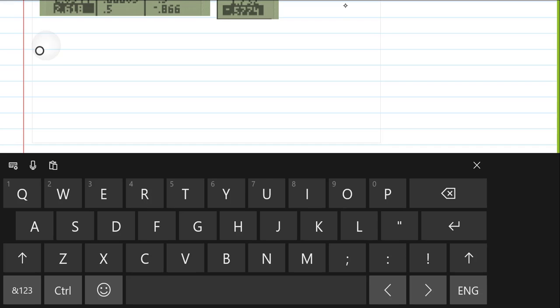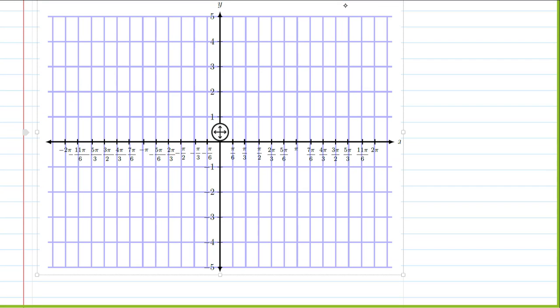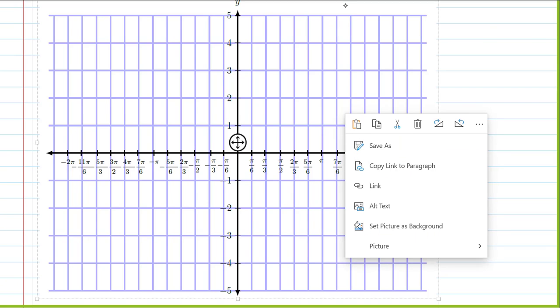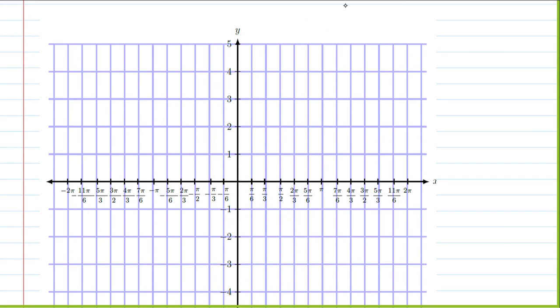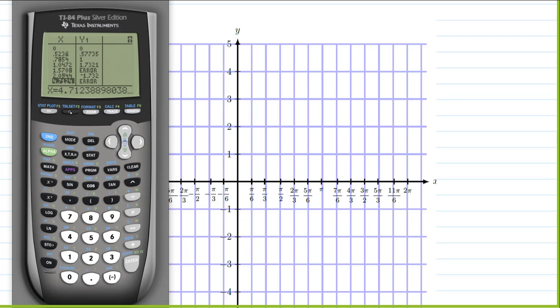So as we started to graph our function, let's go back to our table set. Let's have our table start at 0. Oh, this needs to be pi divided by 6. We'll put it on auto.